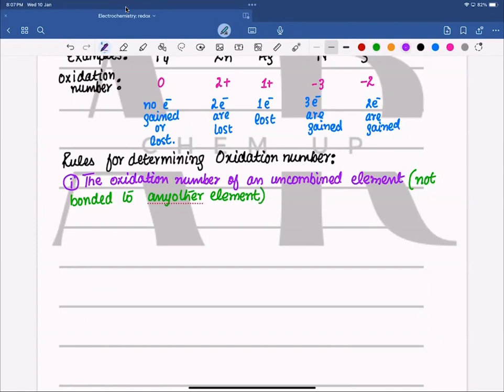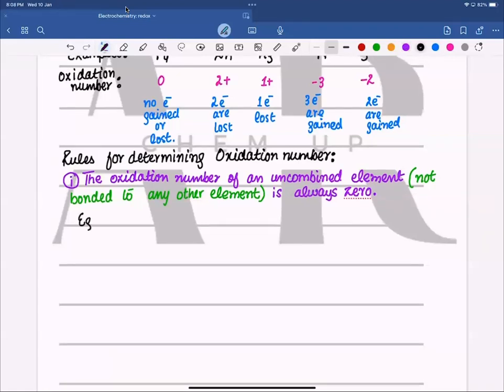So the oxidation number of an uncombined element is always 0. Is this point clear to all of you? Yes, sir. Okay.